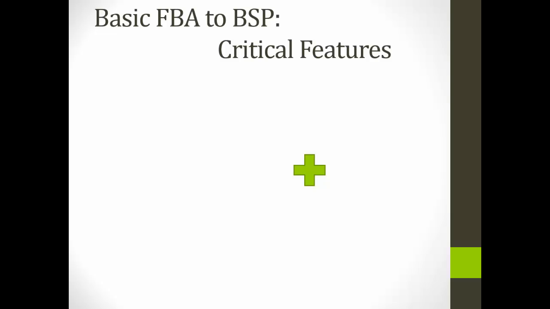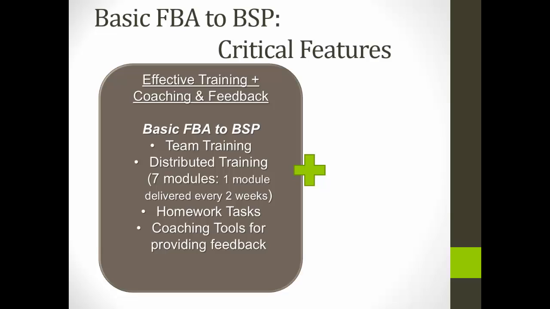So the first thing is we're going to try to utilize an effective training approach, and we're going to pair that with coaching and feedback. So as we start talking about functional behavioral assessment and behavior support planning, we're really talking about individualizing intervention to the student's needs, and we figure out what we have to individualize based on the assessment information that we collect.